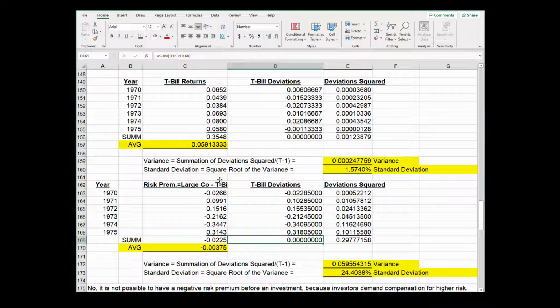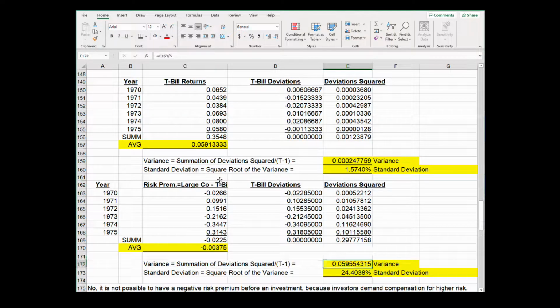Similarly down the line for all the deviations, just take actual minus average, and I get 0. If I get 0 at the summation of the deviations, I can move on to the third step, square them up and add them up. So I take minus 0.0228500 squared, I get 0.00052212. Square them all up, just like that, and I sum them up, and I get 0.297777158.